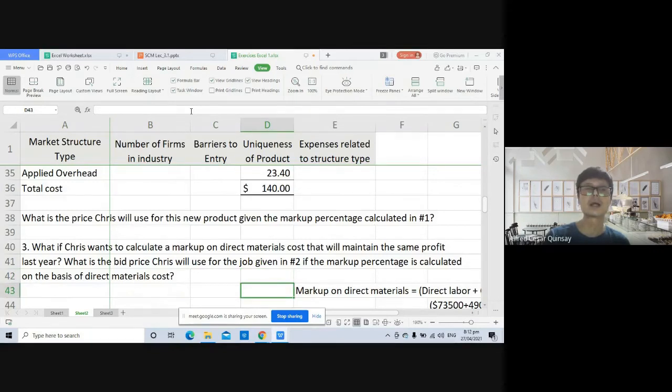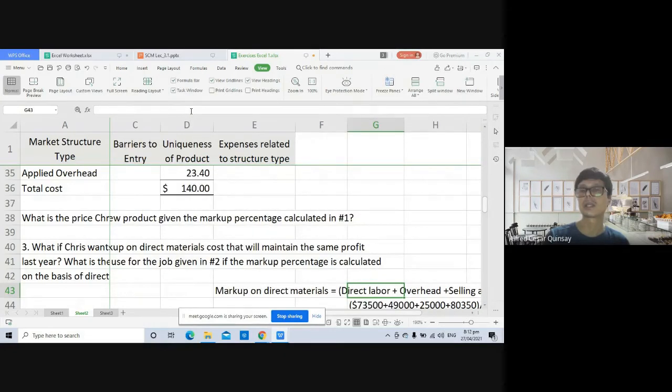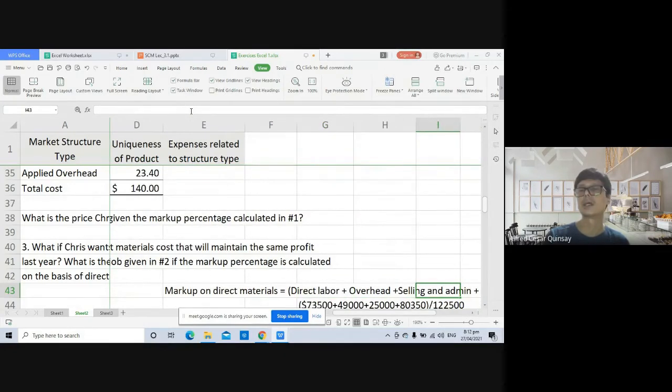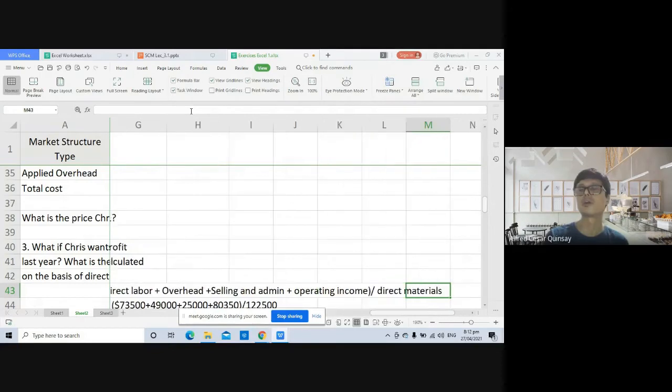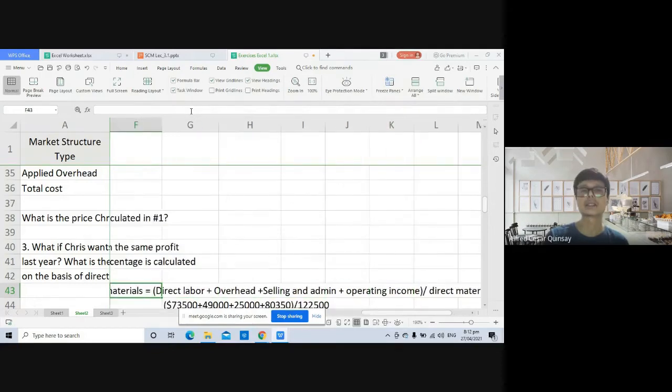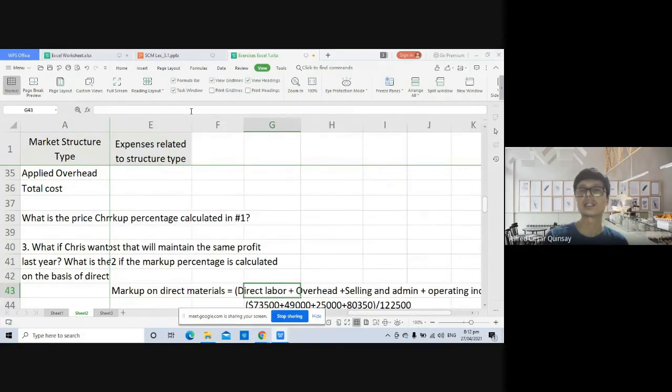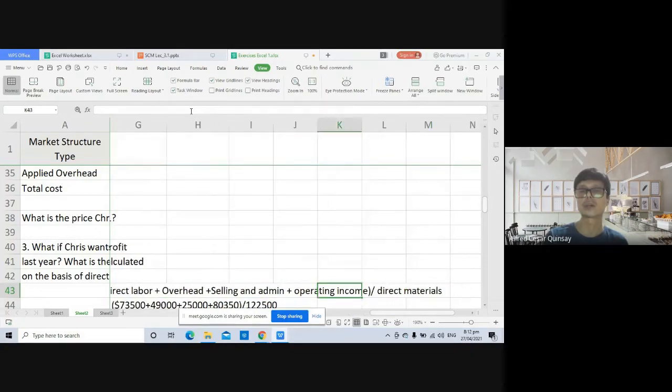Yung markup niya is base raw dun sa direct materials. So kunin mo lang direct material, direct labor plus overhead plus selling and admin plus operating income. So lahat ng cost plus yung operating income over yung direct materials. Hindi lang natin sinama dito yung direct materials, kasi siya yung divisor.